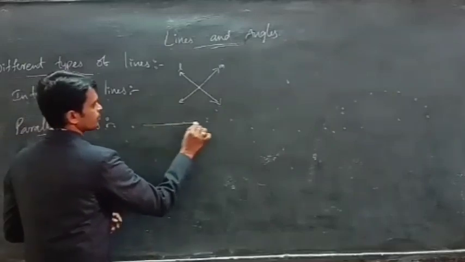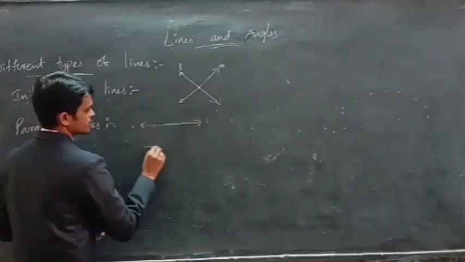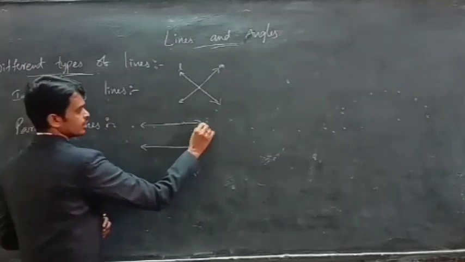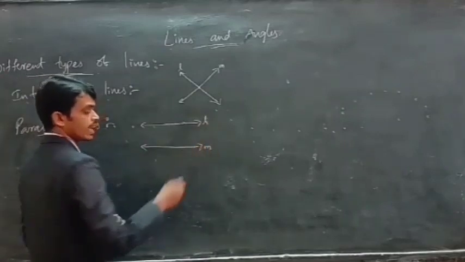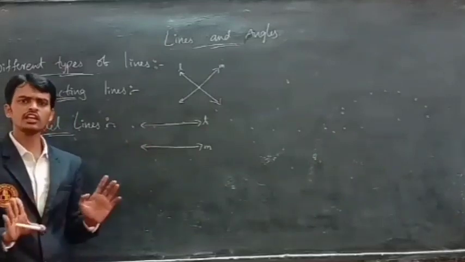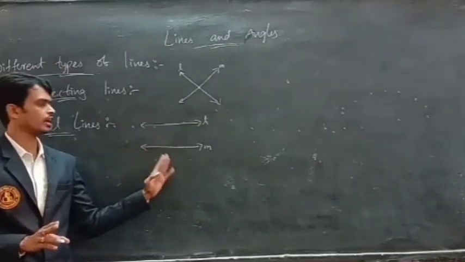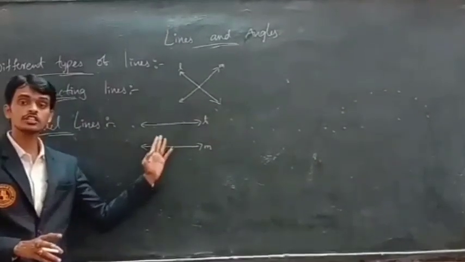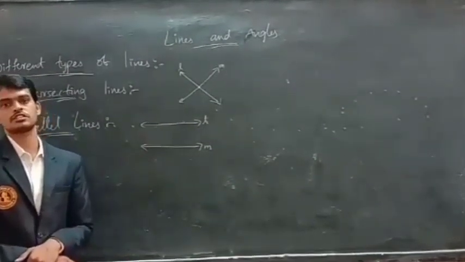Look at these two lines. This line name is L, this line name is M. If two lines do not have any intersecting point, then these two lines are said to be parallel lines.